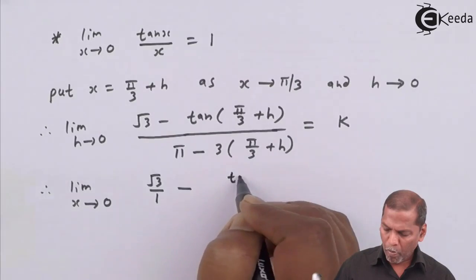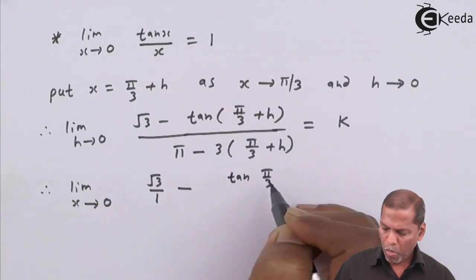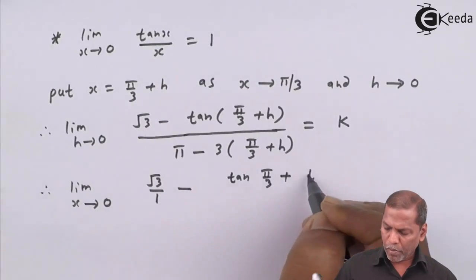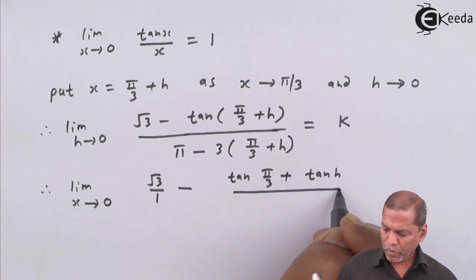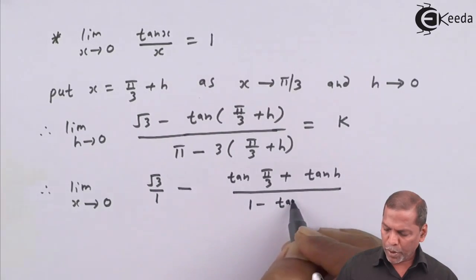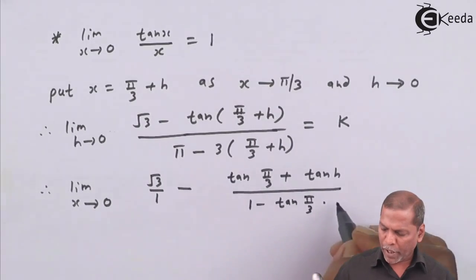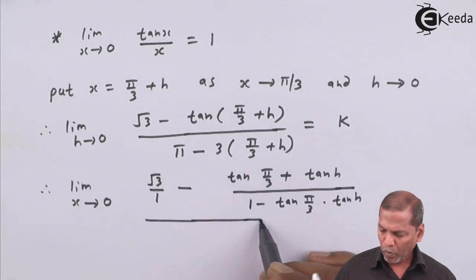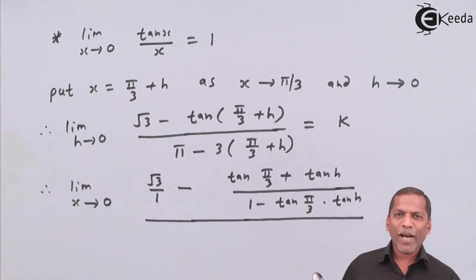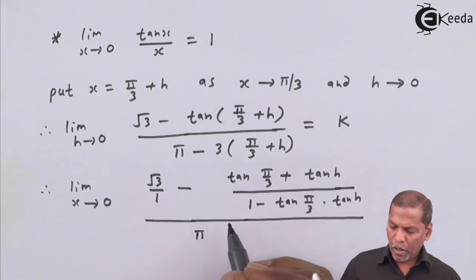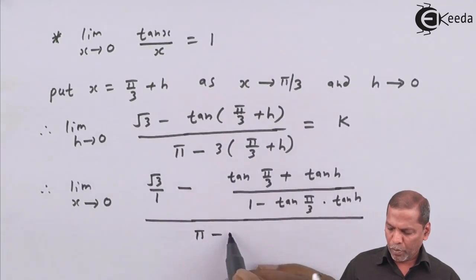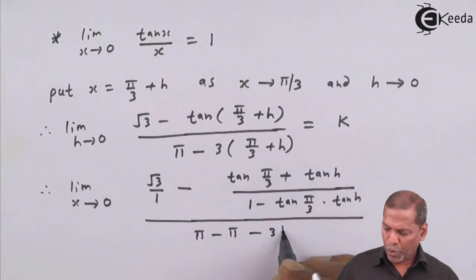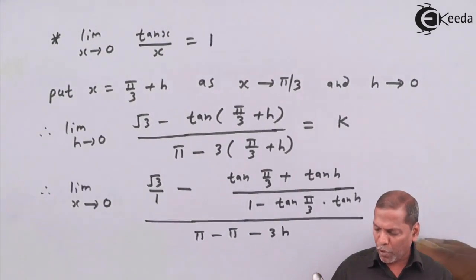So we have (tan pi by 3 plus tan of h) upon (1 minus tan pi by 3 into tan h), whole thing divided by: we write pi as it is, then minus 3 into pi by 3 gives minus pi, minus 3 into plus h gives minus 3h, and that equal to k.